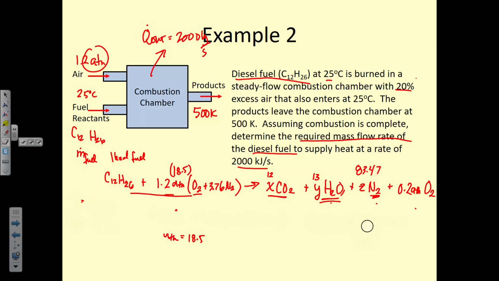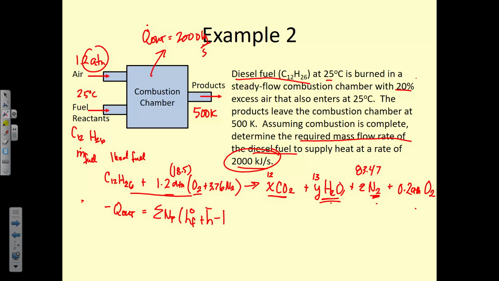Okay, so now we want to find Q, because we know the rate of heat transfer, but we need to find how much total heat transfer is accomplished in this process. So we'll have, again, negative Q out is equal to the sum of the number of products, the enthalpy of formation plus the enthalpy minus the enthalpy at the reference state.